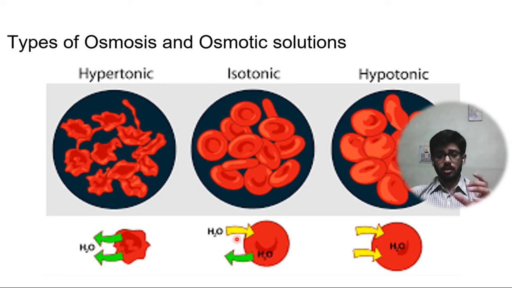Where the exoosmosis rate equals the endoosmosis rate, the particular solution is termed an isotonic solution. The particular picture here is represented using an RBC, which is quite similar to the scenario of putting kishmish into sugar or water, in both cases.